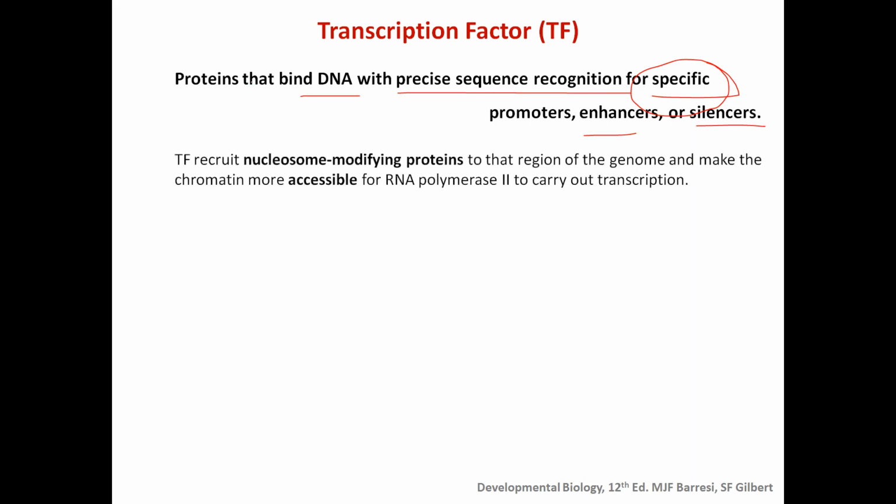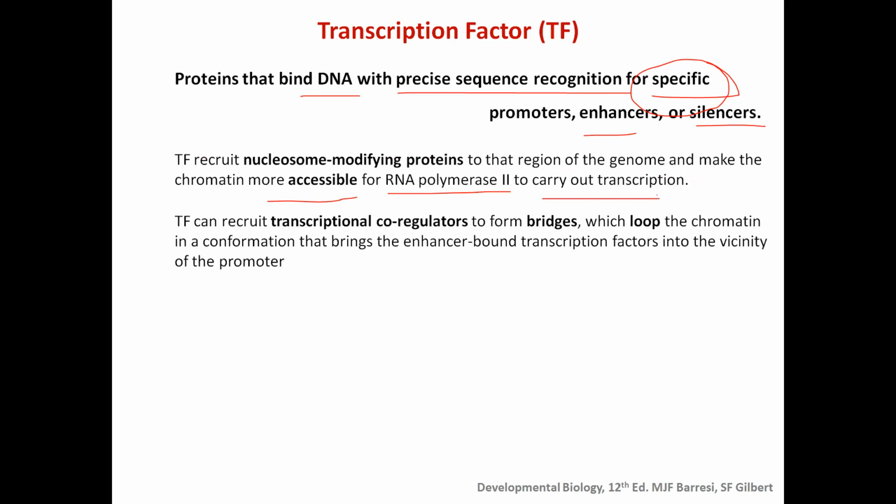The transcription factor recruits nucleosome modifying proteins to that region of the genome where it binds, and makes the chromatin more accessible for the RNA polymerase II to carry out the transcription.